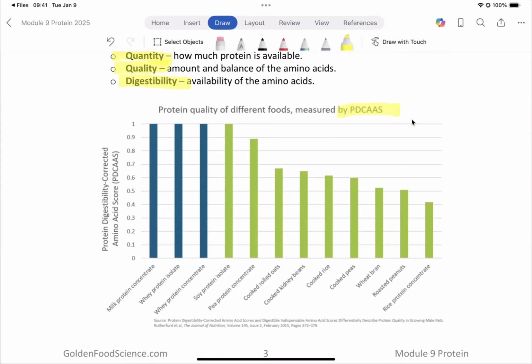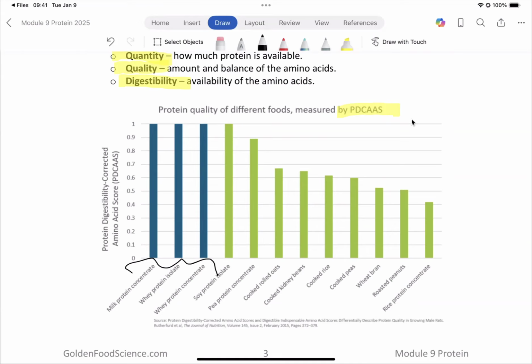So you can see here that these down here at the bottom, those three are all animal proteins. All animal proteins, except for gelatin, which comes from collagen, have all of the essential amino acids in the right quantity and they're easily absorbed.